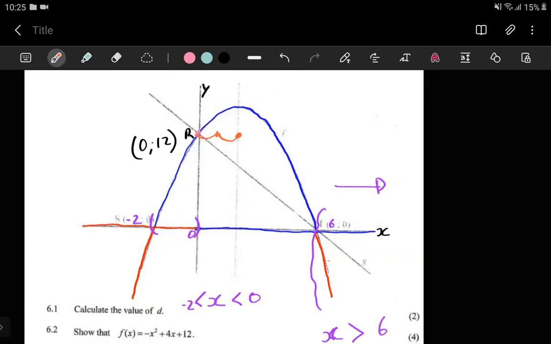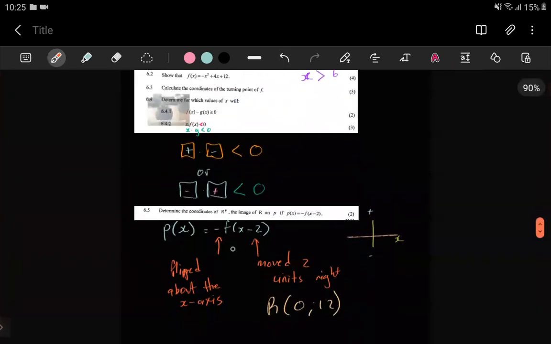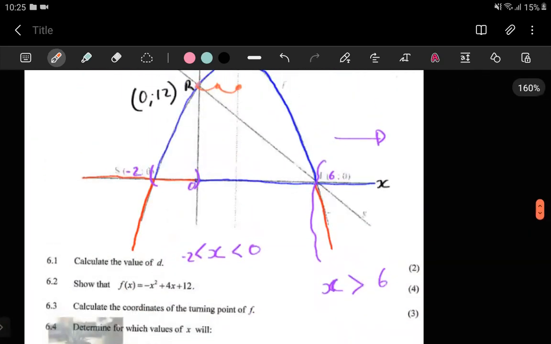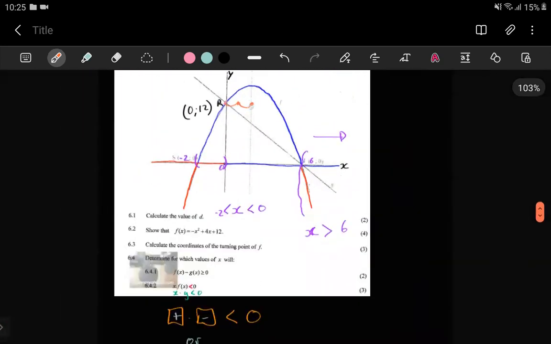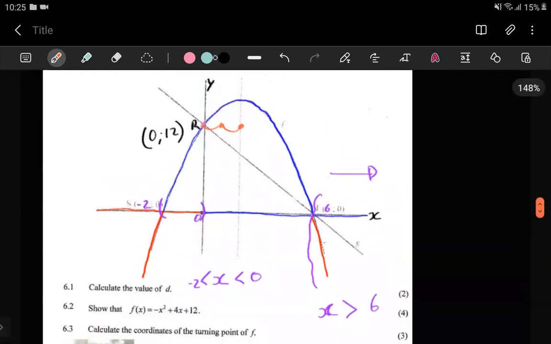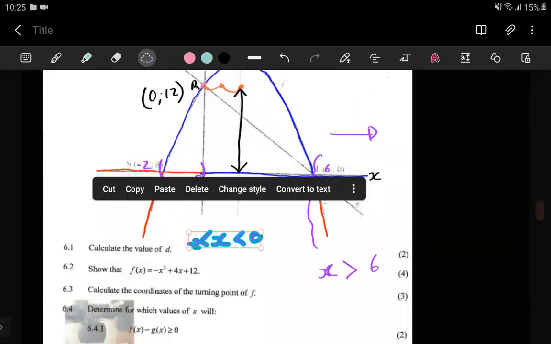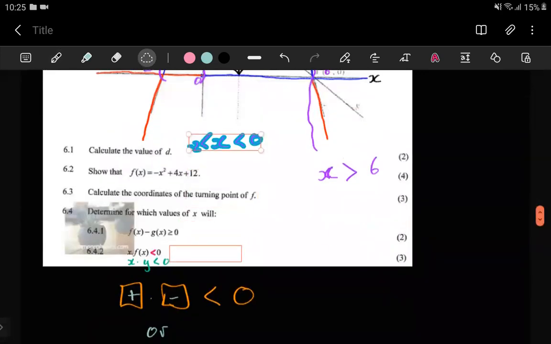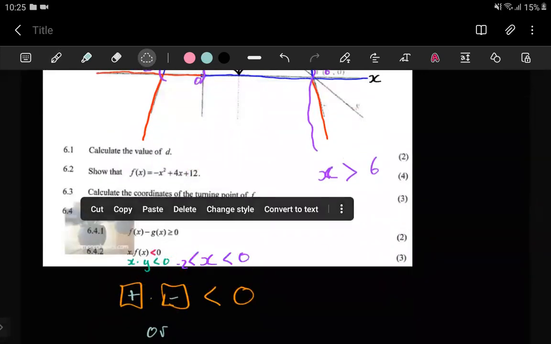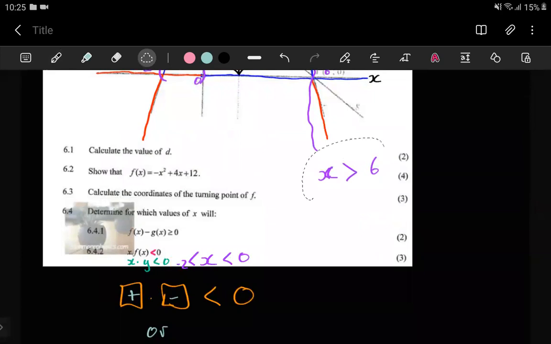After moving it 2 units to the right, this is telling us it needs to be flipped about the x-axis. So this is the x-axis, right? You need to flip it so that it's somewhere down here. Now, the way you do it is whatever this distance is with the x-axis, it's going to be the same distance going downwards. So that's what we need to be conscious of. So let me just move these answers for now.